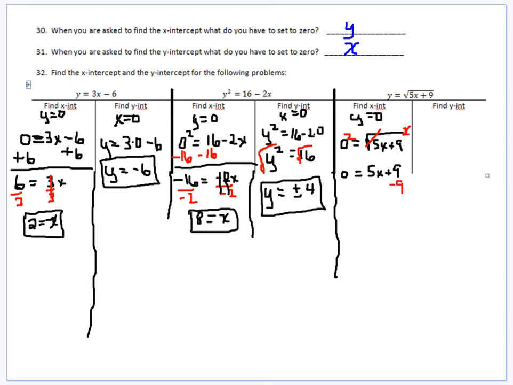Subtract 9 from both sides. So 0 minus 9, that's negative 9 equals 5x. Divide off the 5. And there's that one. x equals negative 9/5.